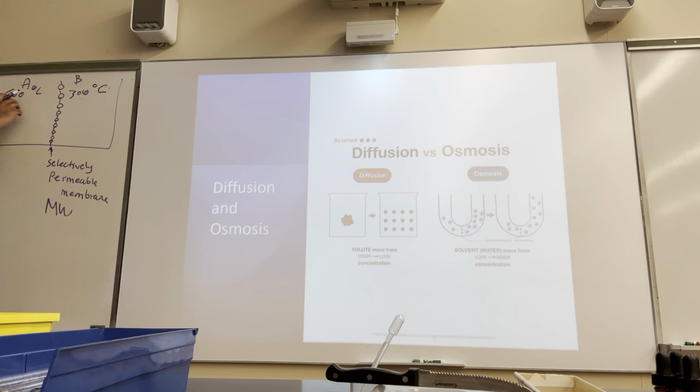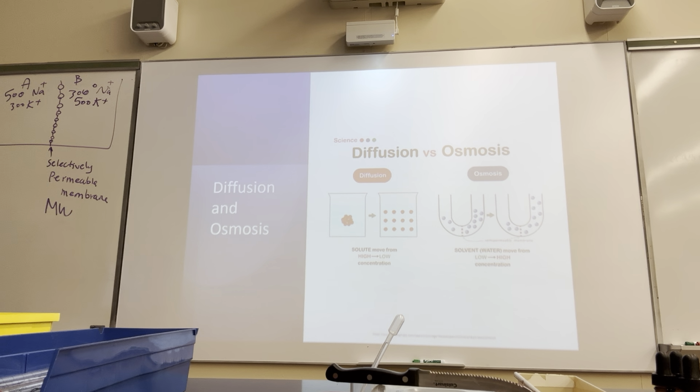If I had 500 positively charged sodium and 300 positively charged sodium, they both are going to equilibrate at 400 sodium. If I had 500 sodium here, 300 sodium here, and another 500 potassium here, and 300 potassium here, no problem.